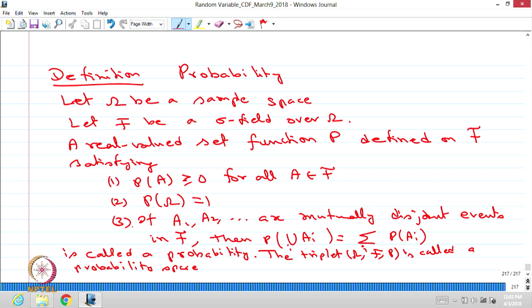That means we can always create some other set function on the same omega and F. It may satisfy all three conditions, and then we can have another probability for the same omega and F. So many more probabilities can be defined by satisfying these three conditions for a fixed omega and F.